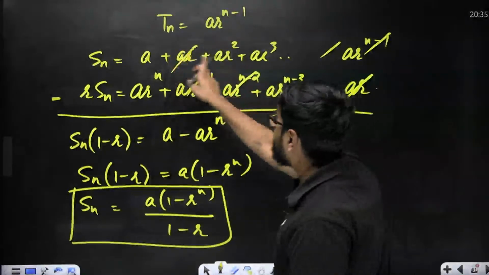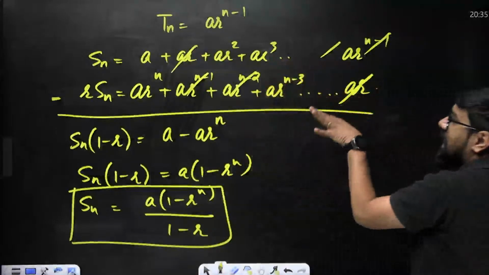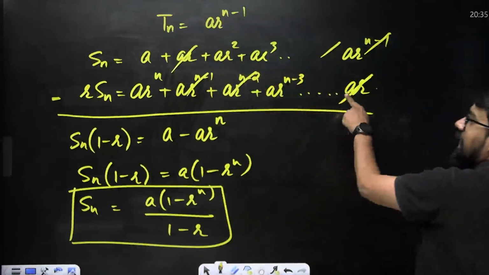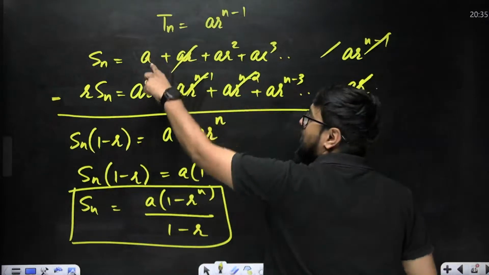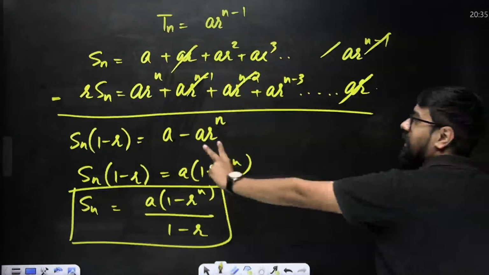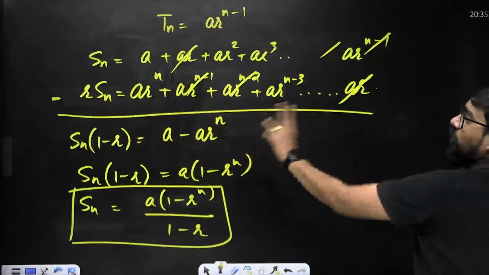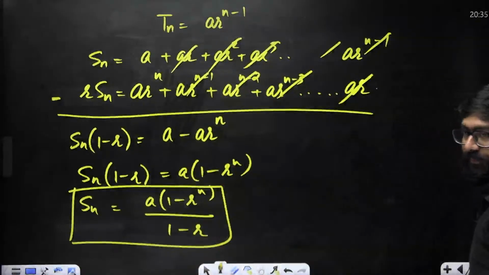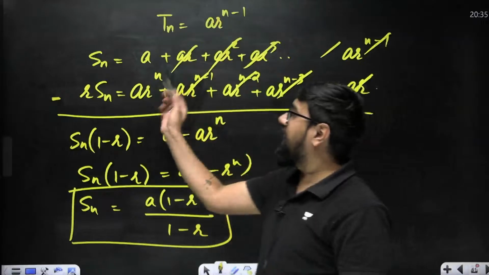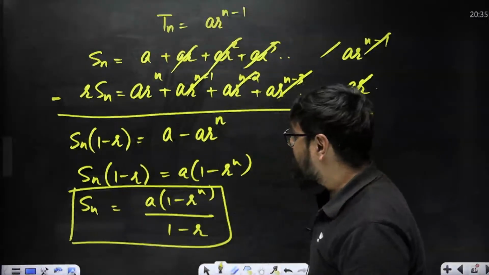When you subtract this series from this series, AR minus AR will become 0. AR square will get cancelled with the second last term. Only A and AR to the power n are going to remain. Everything else will get cancelled. That is why I have a formula.